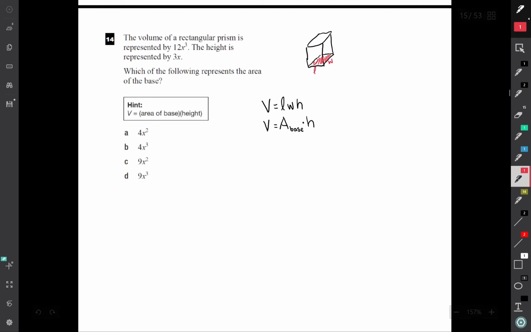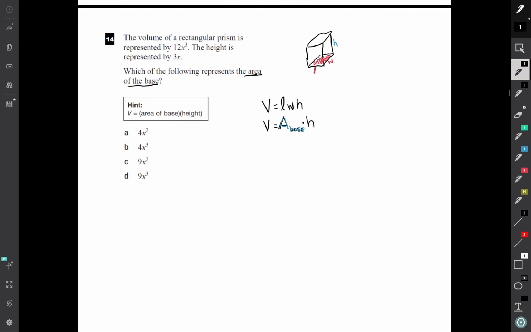So if we multiply the area of the base times the height, we'll end up with the volume. This question is asking us to figure out what the area of the base is. So we're trying to isolate this term, A, and then lowercase base, so I know what I'm talking about.